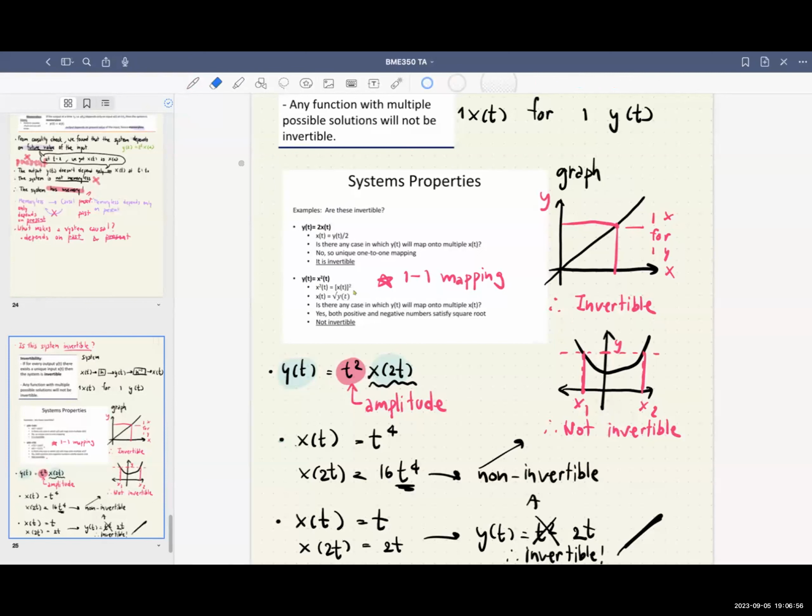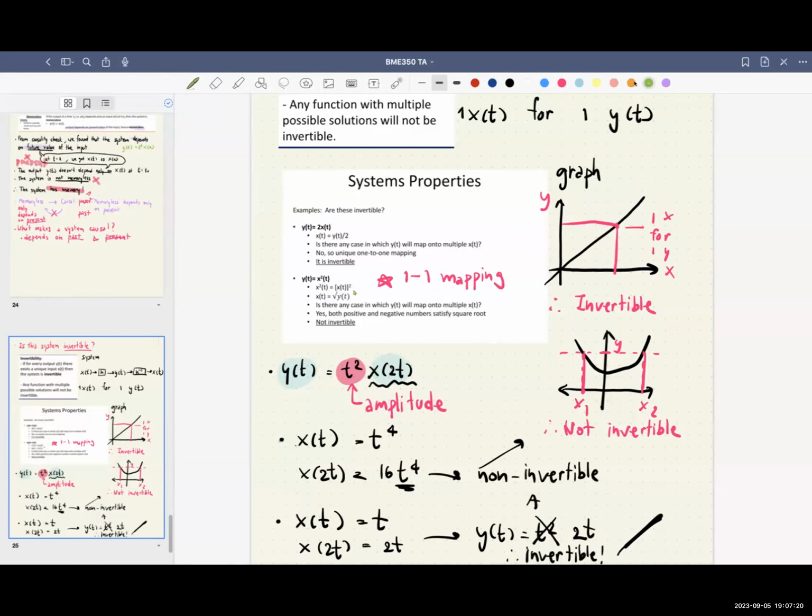Unless you have the x term itself in the y of t system definition squared, or some other ambiguous thing like cosine thereof, that might throw off the actual x, or multiple x's giving rise to the same y.